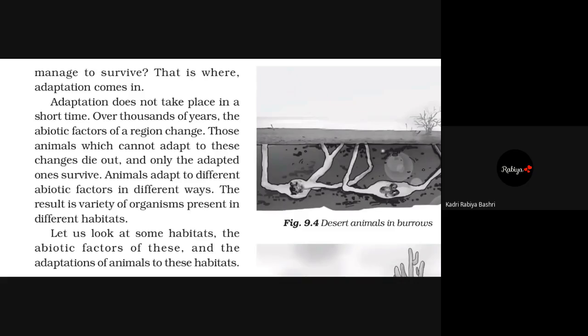If they had adapted their life to the habitat, they would be living, but they did not take adaptation into themselves, so they died out. Adaptation is very important in our life, whether in human beings or in plants or animals.